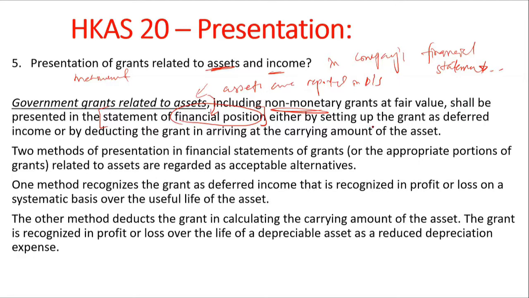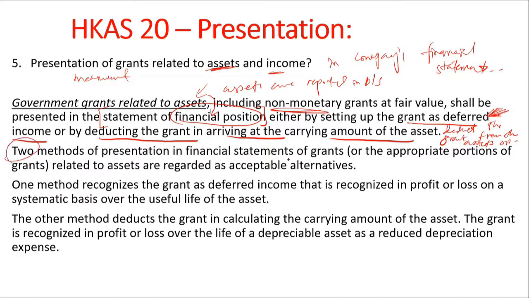So how companies can do it, they can either set up the grant as deferred income, or by deducting the grant and arriving at the carrying amount of the asset. So either you can create a deferred income over there, or you can basically deduct the grant from the asset's cost.